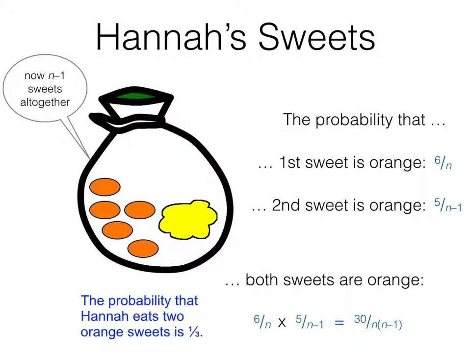This is the point in the question where the probability stops and the algebra takes over. This expression, 30 divided by n times n minus 1, must be equal to 1/3. We now have an equation, but is it the same as the one in the question, which was this?